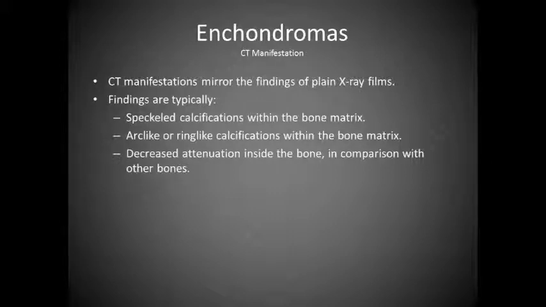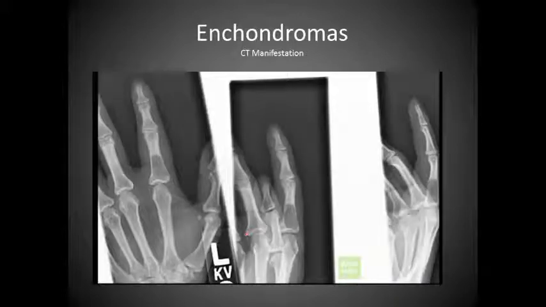The CT manifestations mirror the findings of plain film X-rays and are typically speckled calcifications within the bone matrix, arc-like or ring-like calcifications within the bone matrix, and decreased attenuation inside the bone in comparison with other bones.